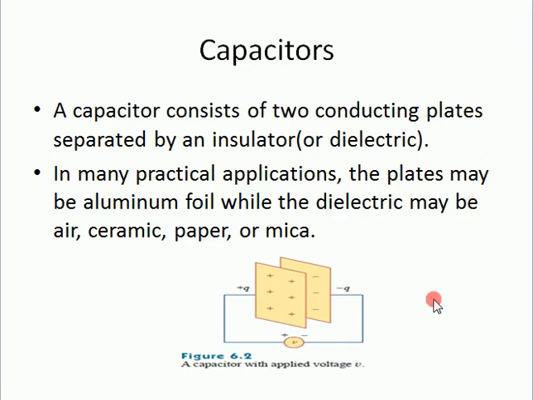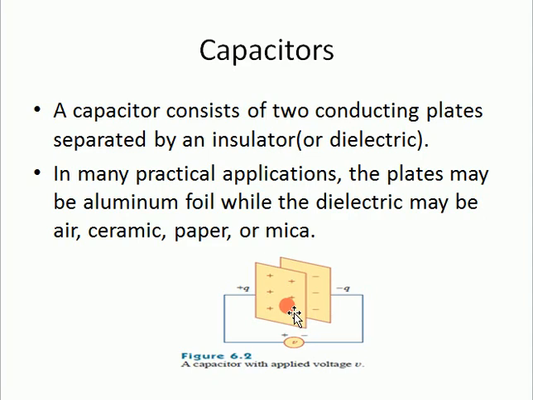Basically, a capacitor consists of two conducting plates that are oppositely charged, and between these two plates a dielectric or insulator is placed. Now the question arises: why is a dielectric or insulator placed between these two conducting plates?